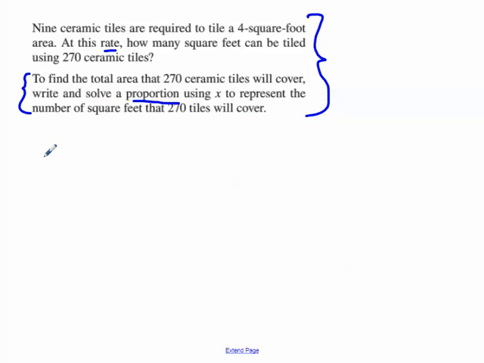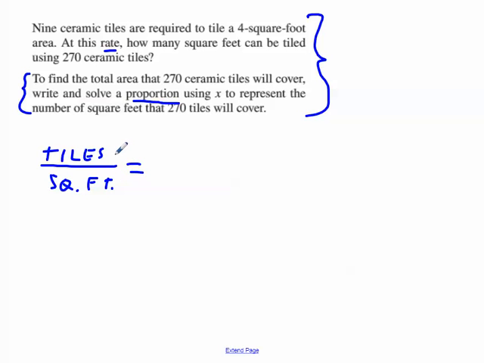But here's what I'd recommend. I've got tiles, so I would recommend setting up a rate of tiles per square feet. I would set up something that tells me tiles per square feet equals, all right, well, there's the value that I'm going to have here and the value that I'm going to have here.